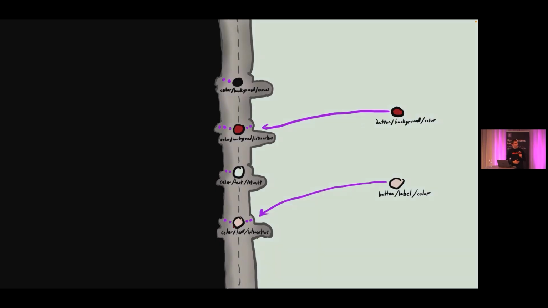From the perspective of our UI code, it doesn't really matter what's going on in the theme, whether that's got no modes or 100 modes, or whether it's an entirely different theme altogether, as long as it's filling in the same blanks with the same types, you're still getting colors, you're still getting font sizes or whatever you need. So other than your appearance changing, you don't have to touch anything in your designs or your component code.